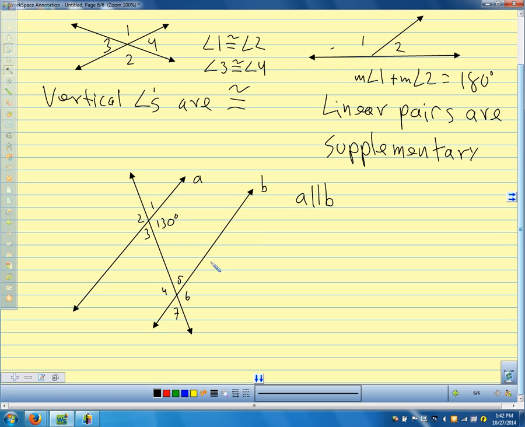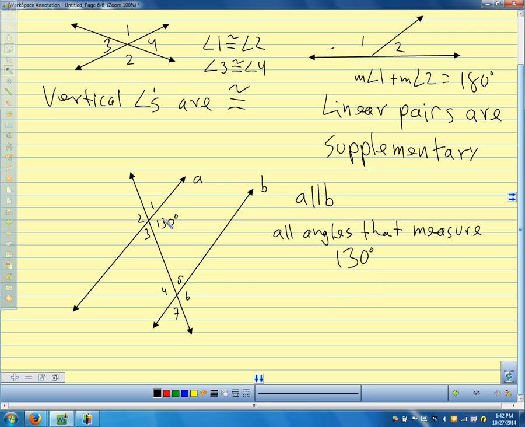No, this won't go on the graphic organizer. So for this, what I want to know is I want to figure out all the angles on this set of parallel lines that equal 130 degrees.